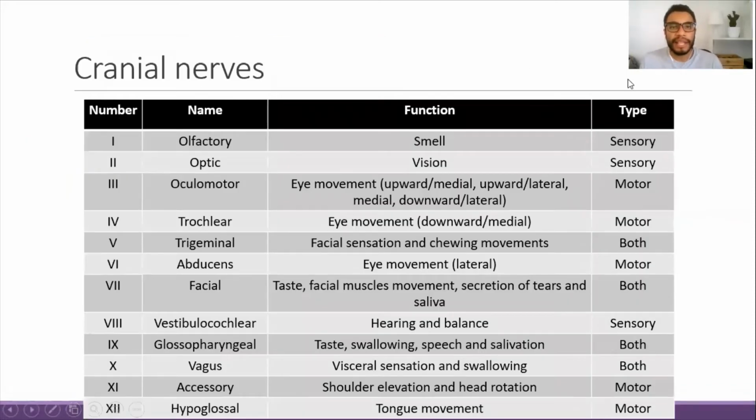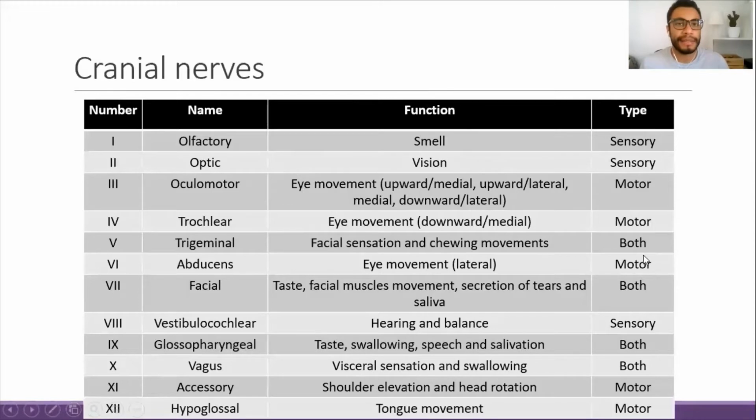Here in this table we have the 12 pairs of cranial nerves, their names, function, and type. The 12 pairs can be classified according to their function. They can be only sensory nerves, only motor nerves, or both.